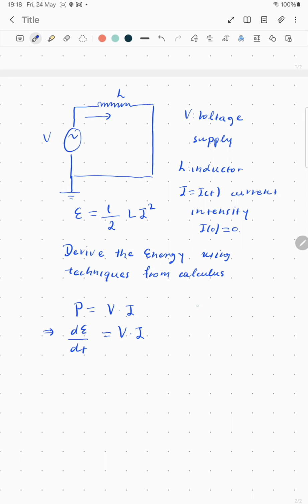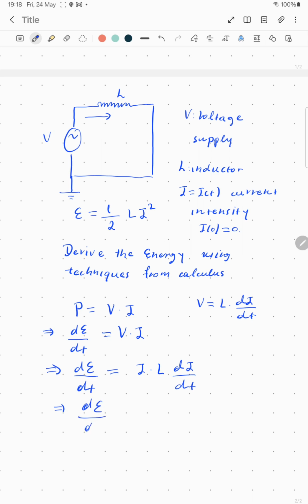But we know that the voltage on the inductor is L times di dt. So from here we have the derivative of energy with respect to time equals I times L di dt.